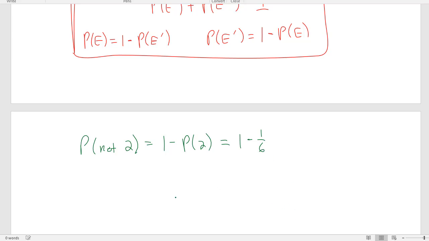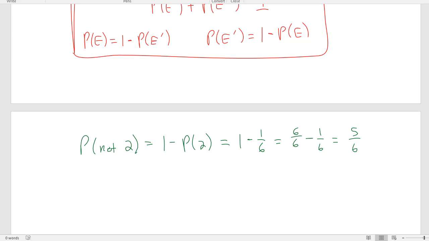So the probability of not a 2 would be 1 minus 1/6. And then I could get a common denominator here. Common denominator is 6, so the number 1 is really 6 over 6, and then I get 5 over 6, which is what we got from counting earlier.